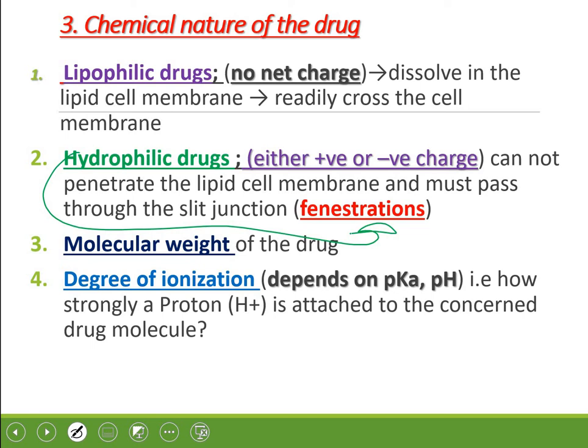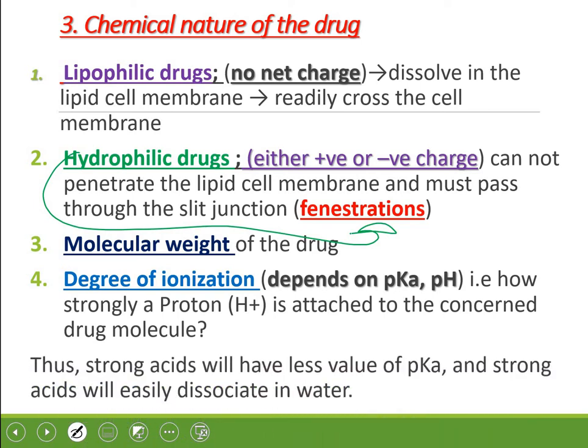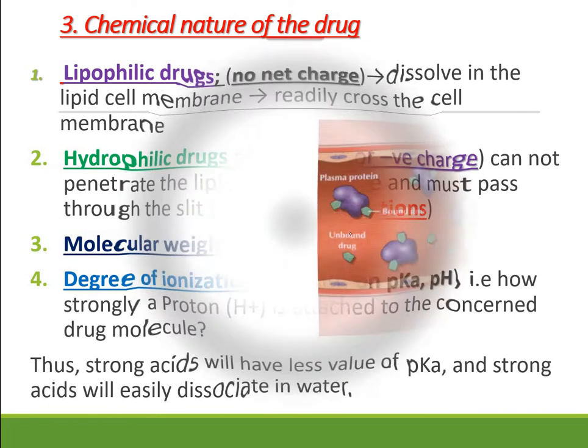A big molecule cannot cross through these pores very easily, so the size of the molecule also affects the distribution of the drug. Then the degree of ionization is very important, and it depends on how strongly a proton is attached to the drug molecule. The lower the pKa value, the stronger the dissociation of that acid will be, and very easily it will be dissolved. So a strong acid will have a lower pKa value and will easily dissociate in water.